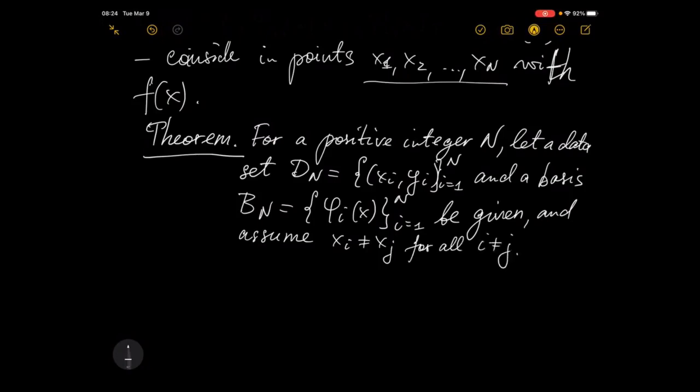In other words, the points, the so-called sample points where we have values of our unknown function, right? So all points are distinct.